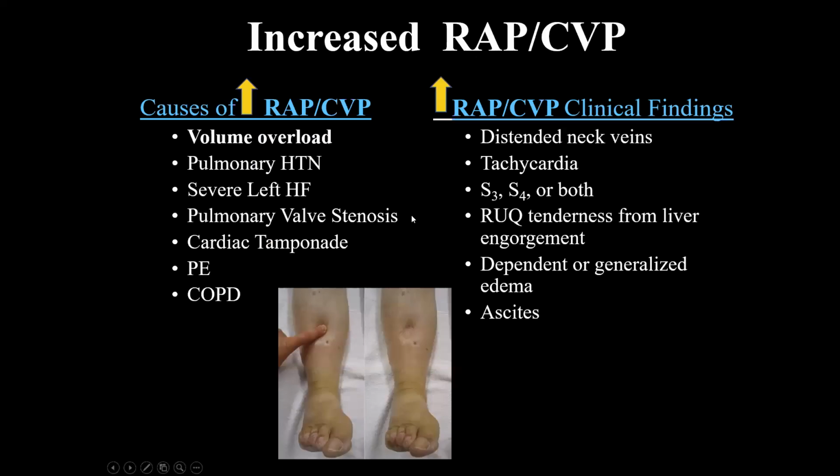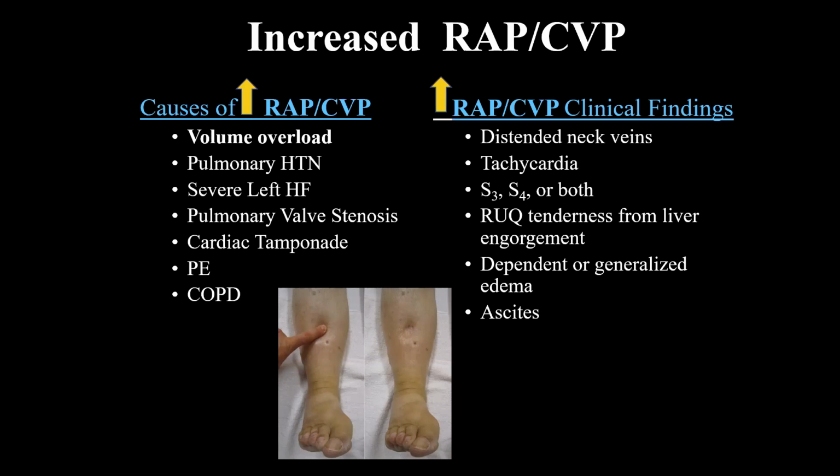So what does an increased right atrial pressure or right CVP mean? Volume overload. And this certainly looks like a right-sided heart failure patient who has that significant peripheral pitting edema. Okay. And I have left ventricular, left heart failure, because eventually if my left side fails, it's going to back up, back up, back up.